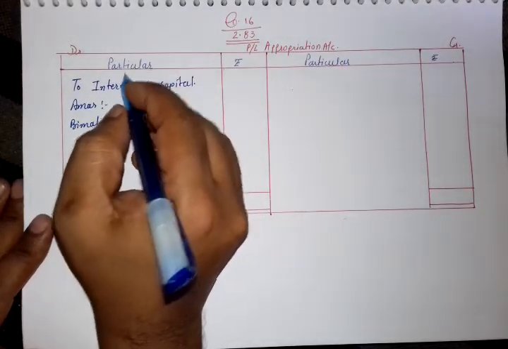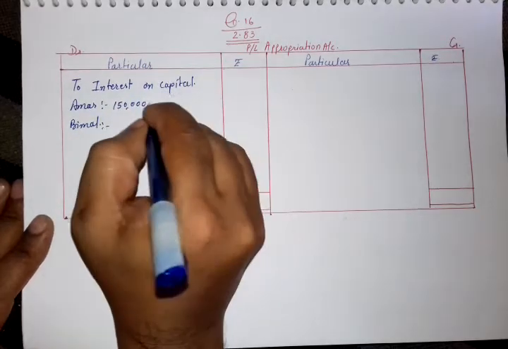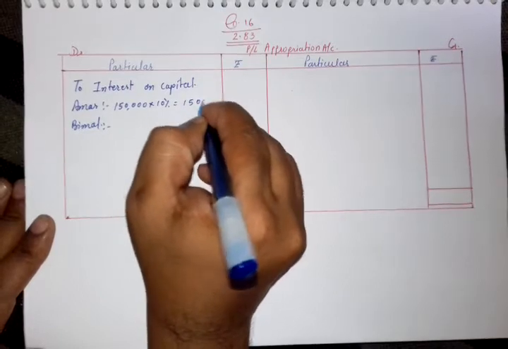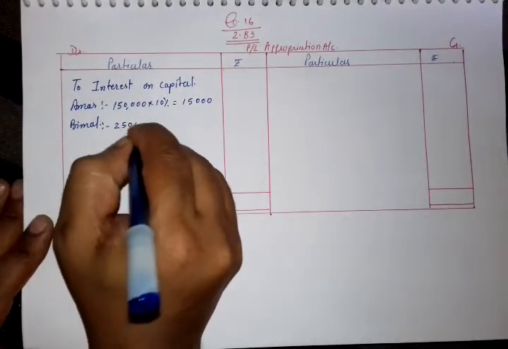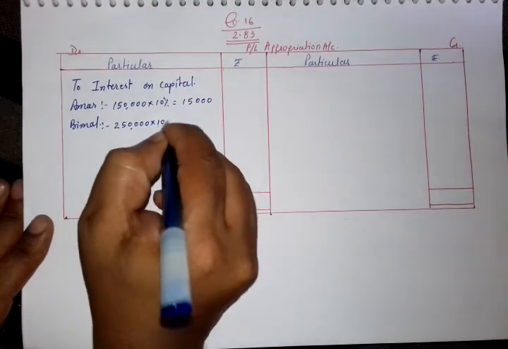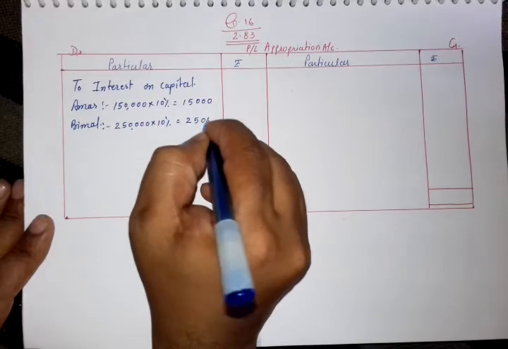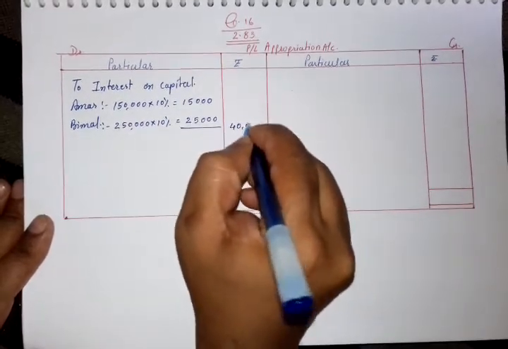Amar's capital 1,50,000 at 10% means 15,000, and for Bimal 2,50,000 at 10% means 25,000. Here the total is 40,000.